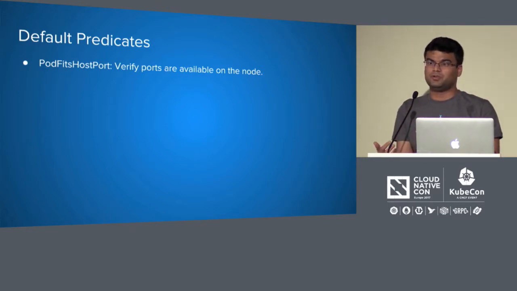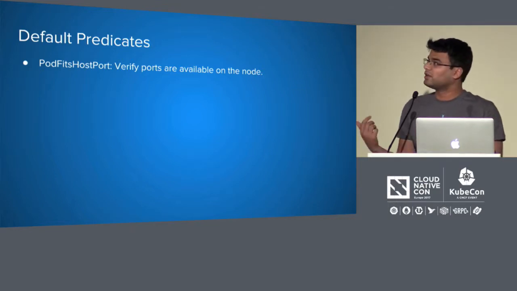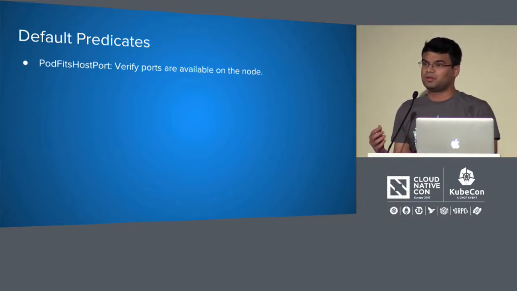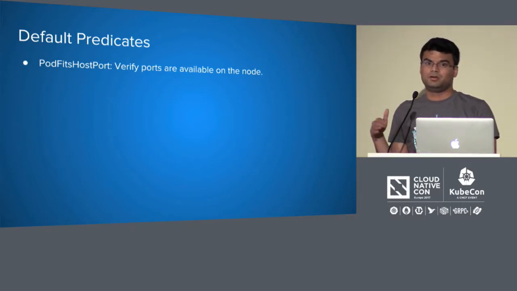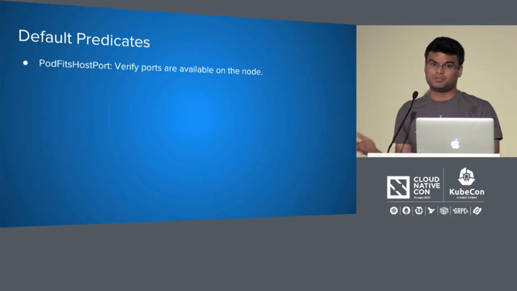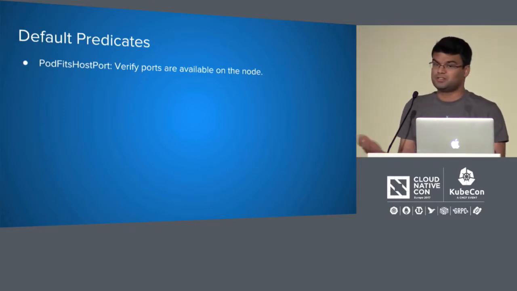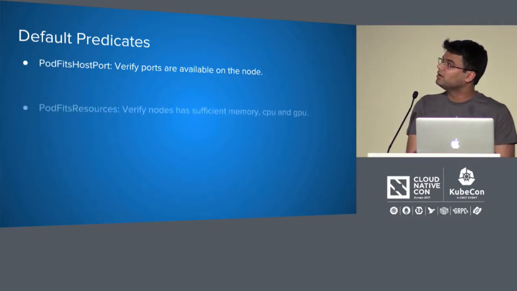In Kubernetes, you can specify a host port for a container if you want. What that actually means is that the container port has to be mapped on the host port, so that port needs to be available on the node. This check makes sure that if, say, you have specified host port 80 or 90 in your pod spec, that port is available in the node. And if it's not, then that node is not suitable for scheduling the pod.